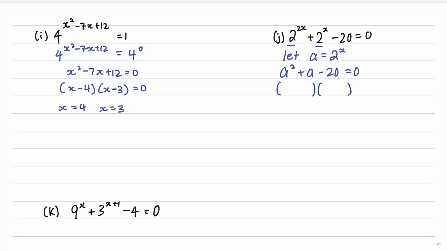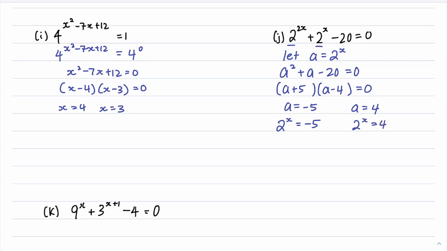And now I can factor this quadratic expression on the left to a plus 5 and a minus 4. Now that my expression on the left-hand side is factored, we can solve for a. a is equal to negative 5 or a is equal to 4, but don't forget to plug back in our expression that we subbed for a, which was 2 to the power of x.